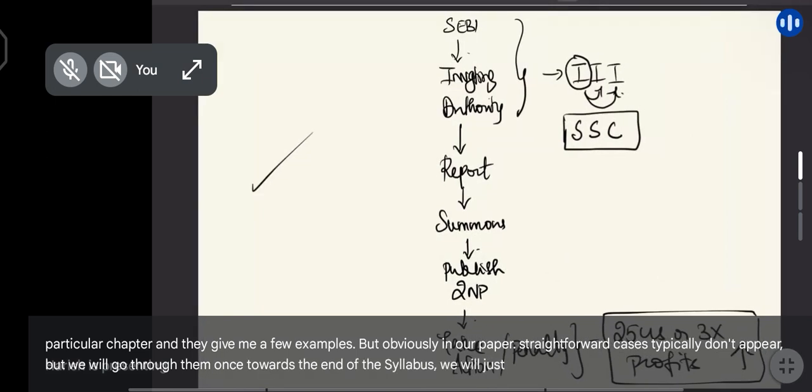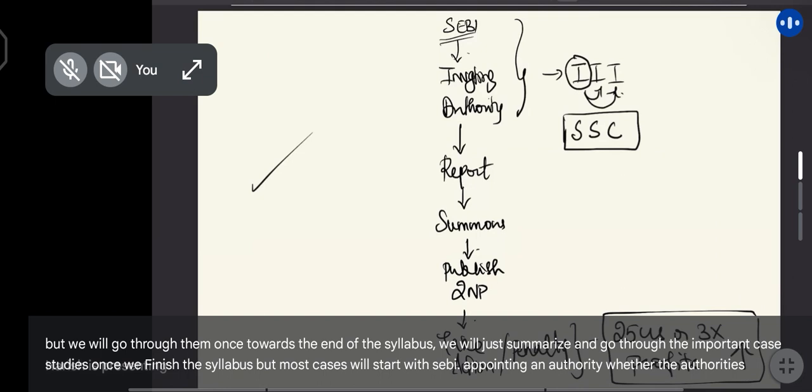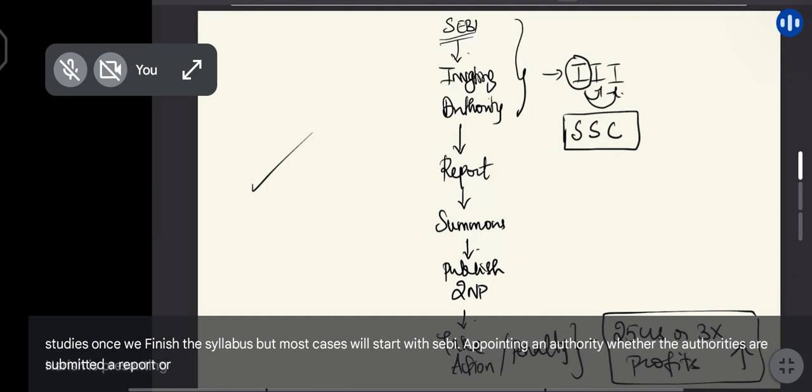We will just summarize and go through the important case studies once we finish the syllabus, but most cases will start with SEBI appointing an authority. Whether the authority submitted a report or not, they would have issued summons. In some cases, party would have not appeared for the summons. In some cases, they would impose lesser penalties. So that is the structure of these cases that are given to you for reference.